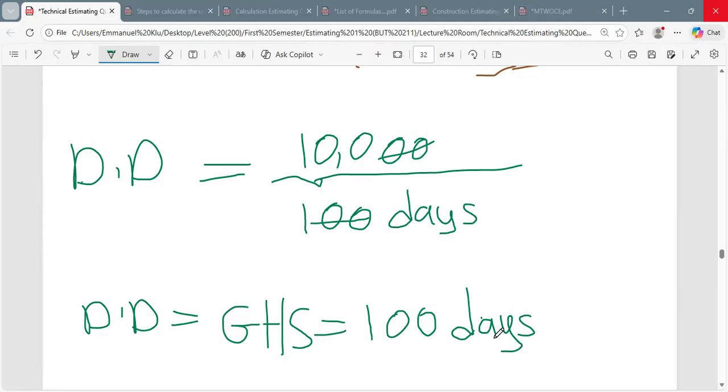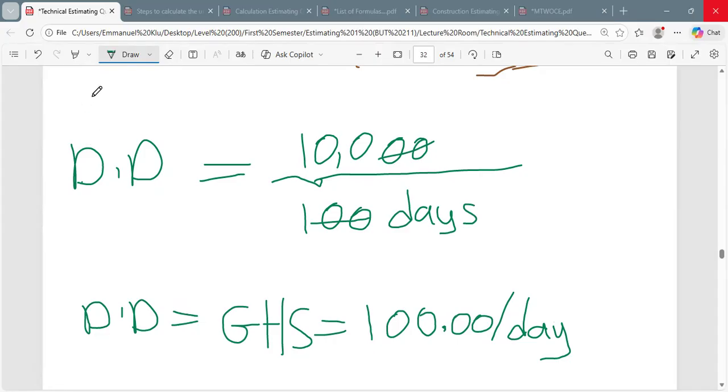All right, so we are done calculating our daily depreciation. Sorry, this is supposed to be in the form of 0.00 per day. I think the stress is too much.